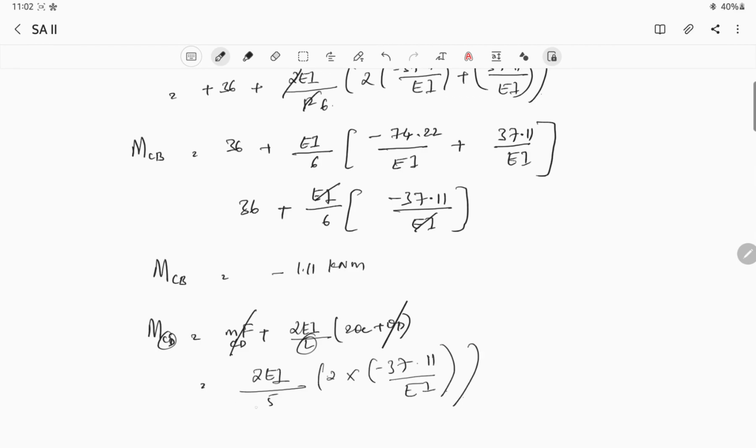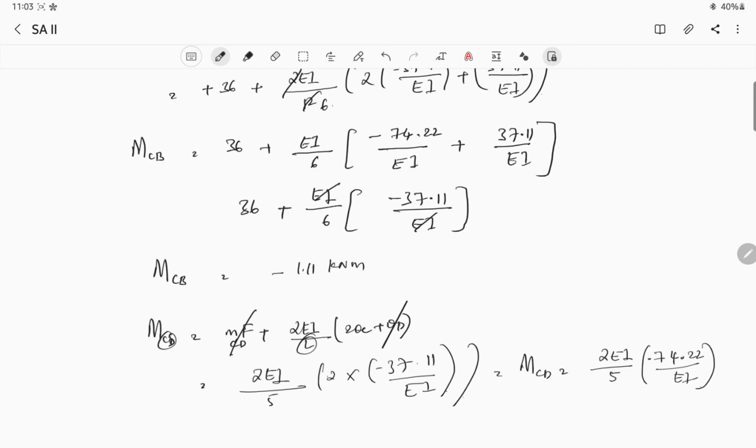Okay, so if you solve this one, you'll get MCD. 2 by 5 is how much? 37.11 into 2, you get it as 74.22. So 2EI by 5 into minus 74.22, all divided by EI.